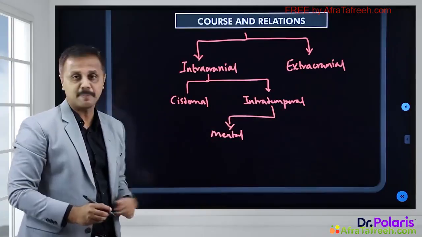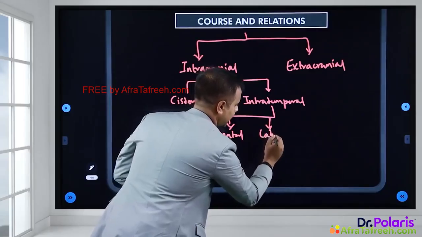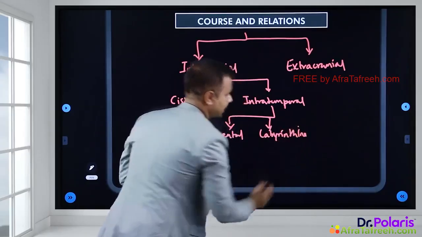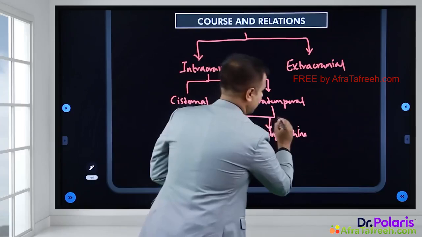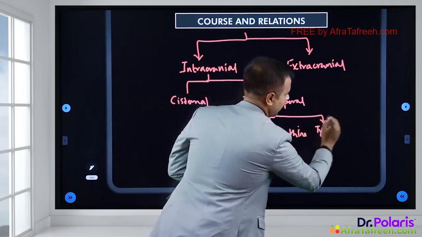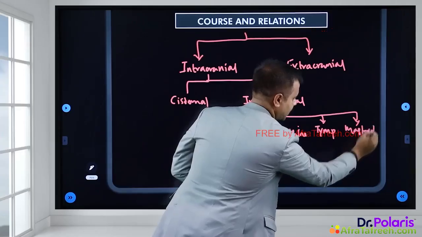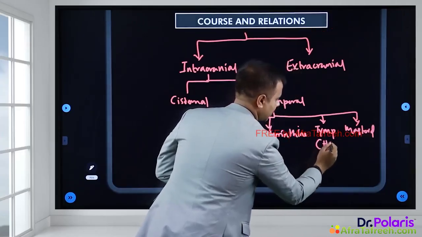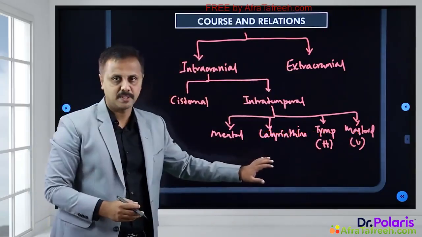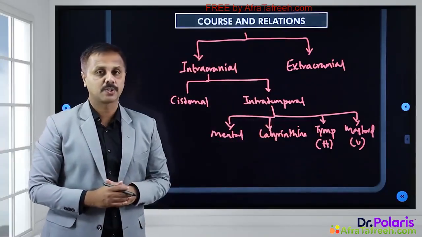So it is the meatal segment, then we have the labyrinthine segment, then there is a tympanic segment, and finally we have a mastoid segment. These last two segments are also referred to as horizontal and vertical segments. We will see this in an image.